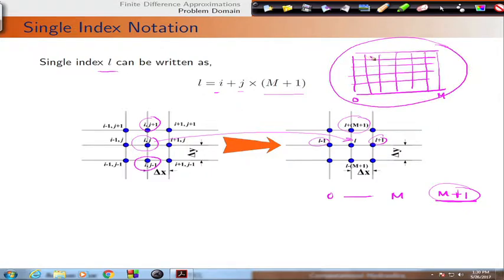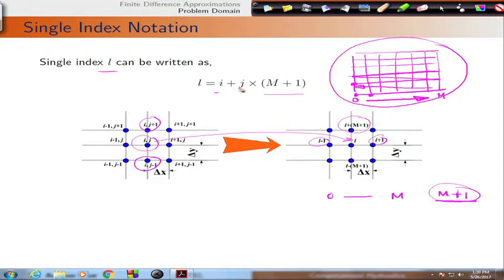We start from this point, then move towards this. Again the next level will start from here, again we move in this direction, again come back to this point and move in this direction.